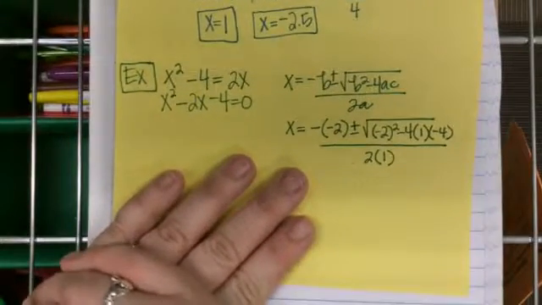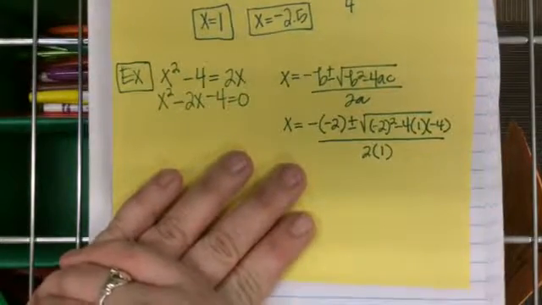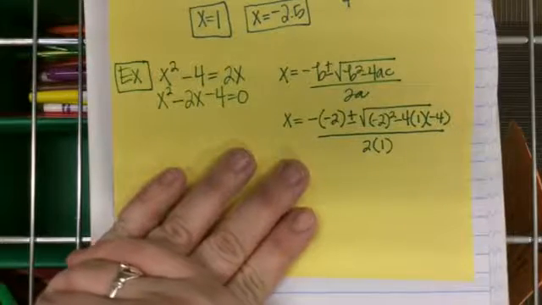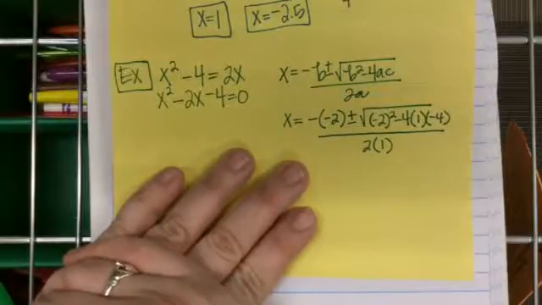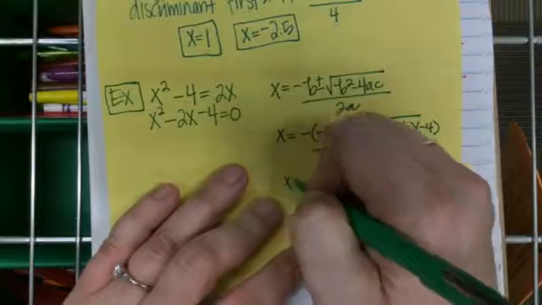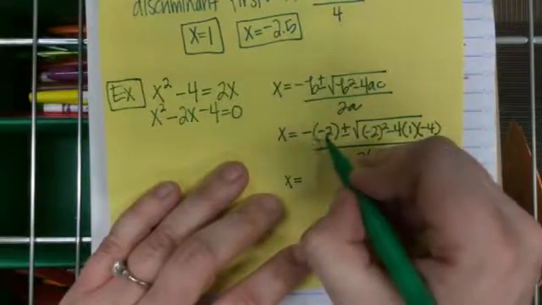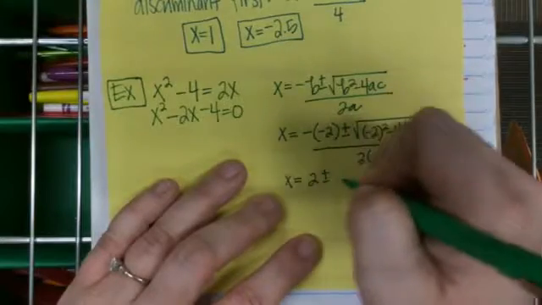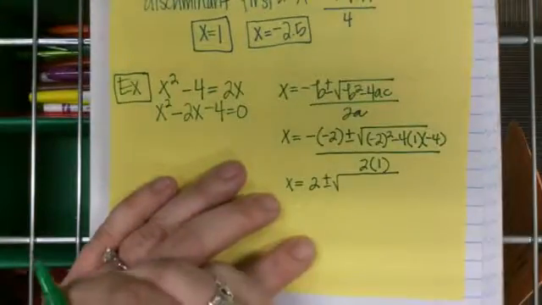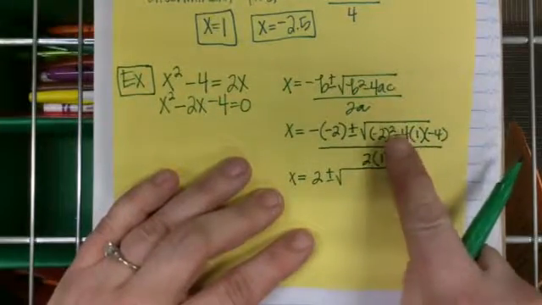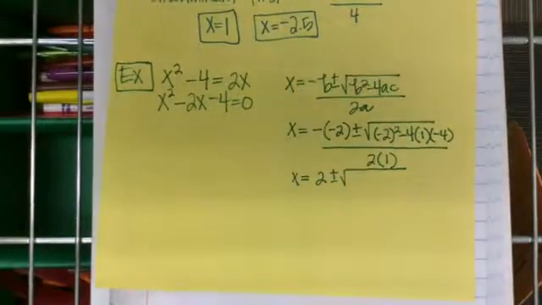X equals -b plus or minus square root of b squared minus 4ac all over 2a. All right, so after you substitute, then we simplify. X equals, what's -2? +2, plus or minus square root. Simplify that discriminant, because if that discriminant is a negative value, you're done.